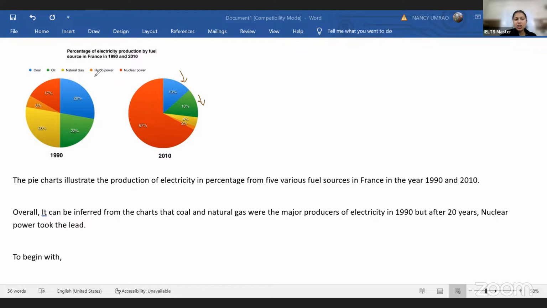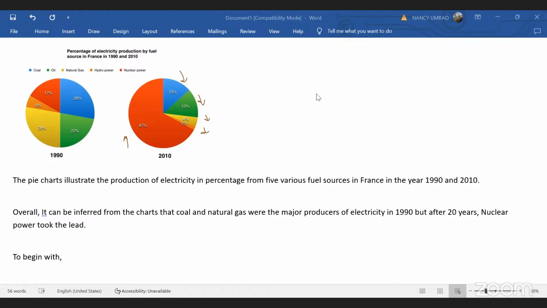Natural gas produced 28% of electricity in 1990, which was significant. But in 2010, natural gas produced very little electricity, only 4%. Hydropower went from 6 to 2%. Again, I can see a decline. Nuclear power produced 17% of electricity in 1990. But in 2010, it is the only source which produced maximum electricity. So we will be writing the decrease in one body and the increase in another body. Is that clear?